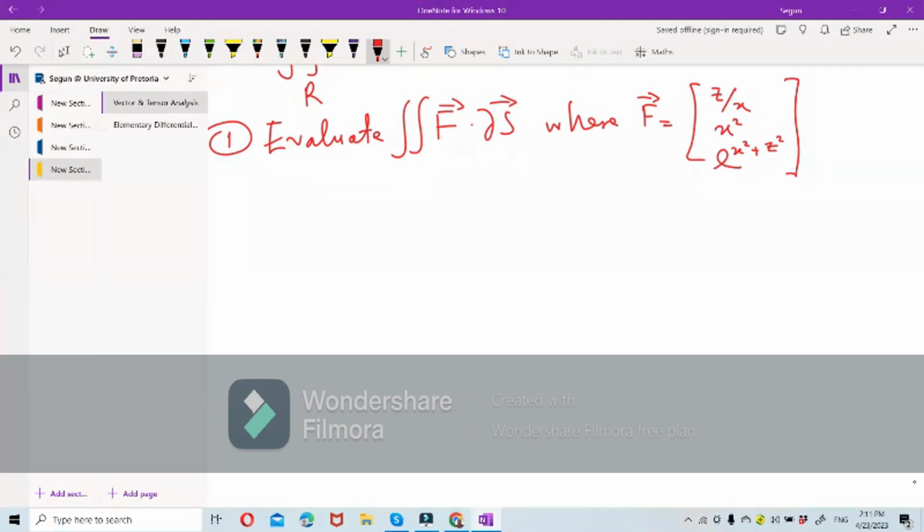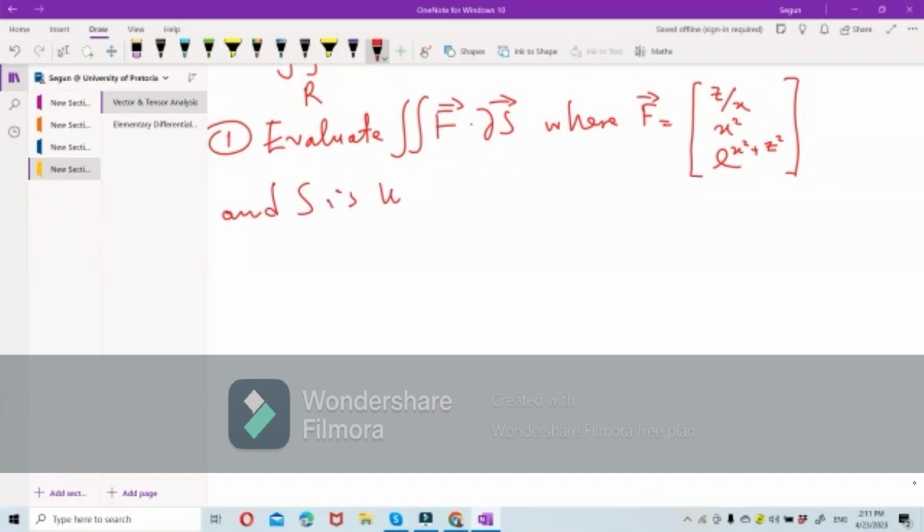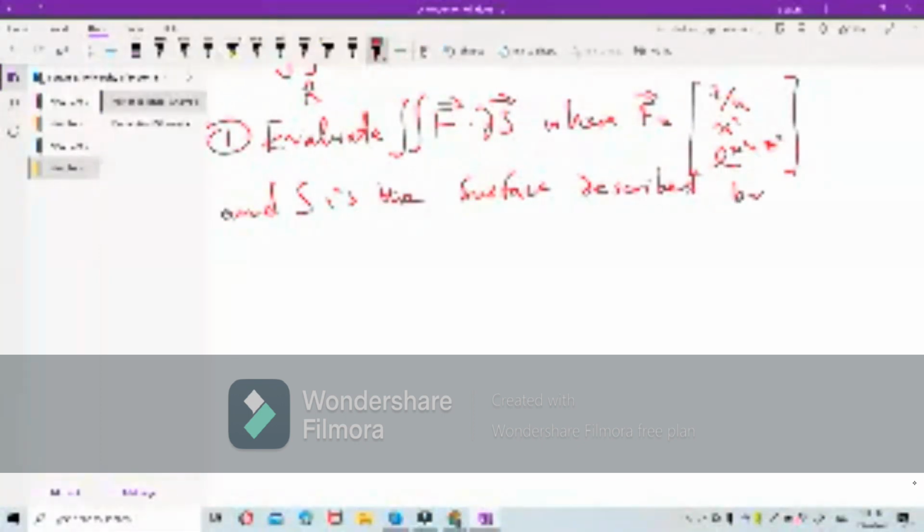I think you are talking about this question. And S is the solid described by x squared plus y squared equals 16, for 0 less than or equal to z less than or equal to 3.